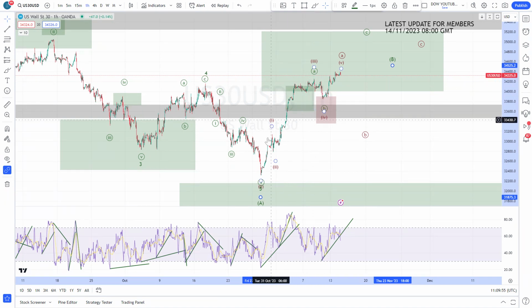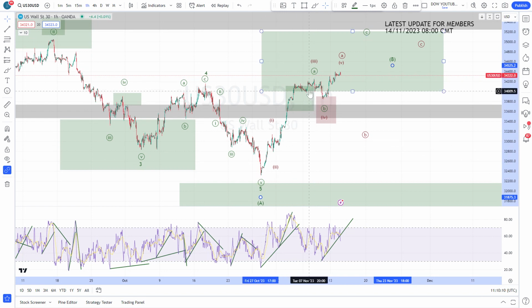And of course, we know that an impulse should be followed by another impulse. And so then what we actually want to do is to buy the pullback.